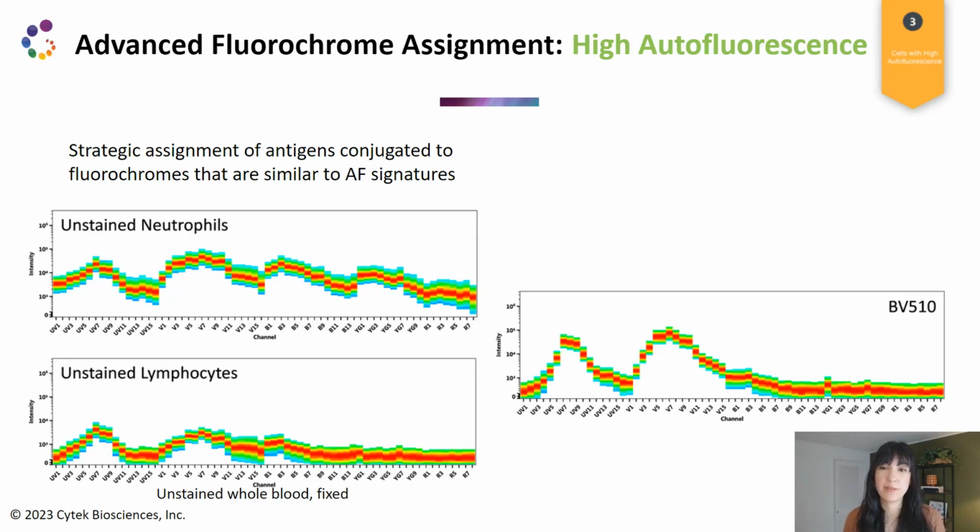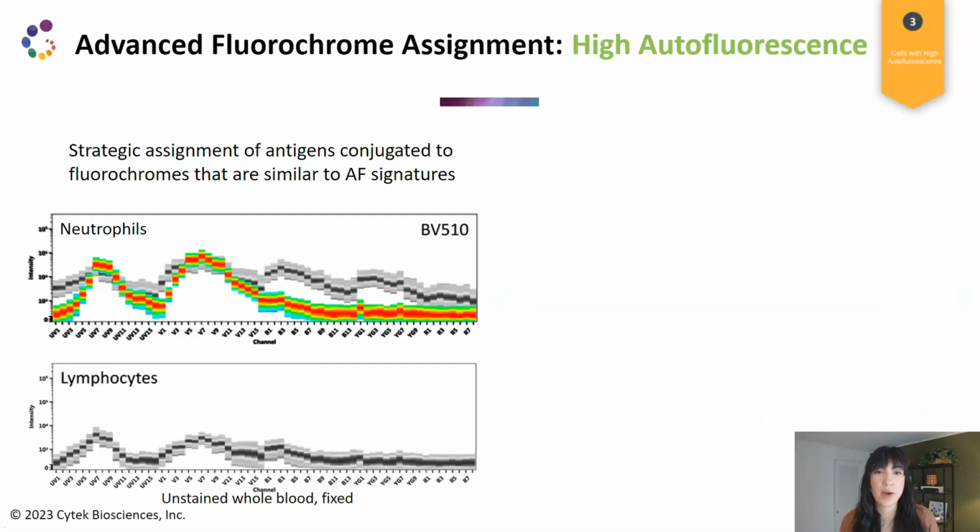So our fluorochrome for BV510 is on the right there, and on the left I have 2 signatures for unstained cells: the neutrophils on the top, which are on the brighter side, and the lymphocytes on the bottom, which are on the lower side. If you're trying to use a highly autofluorescent cell type like neutrophils, and you overlay the BV510 on top of that, you can see how easy it is to get the same intensity between the BV510 positive cells and the neutrophils.